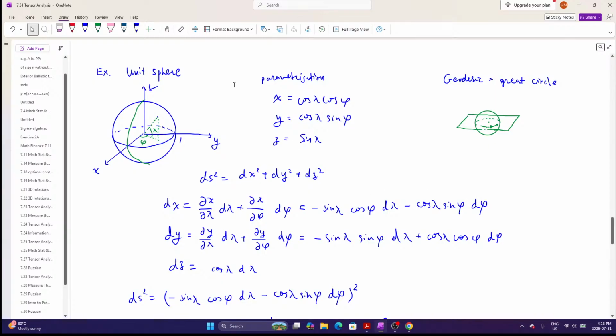It can be slanted in general, right? The great circle doesn't have to be like this. So that's tricky, because the great circle is defined as the intersection of a plane through the origin and the sphere.